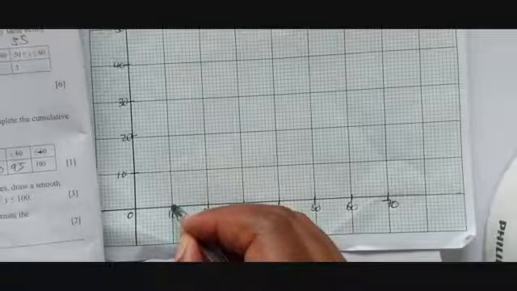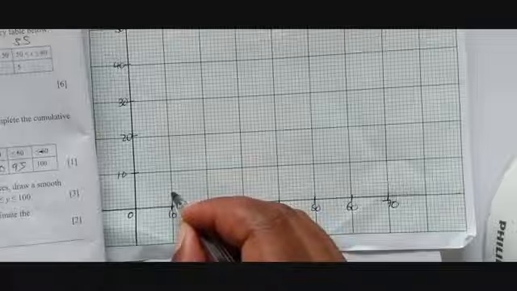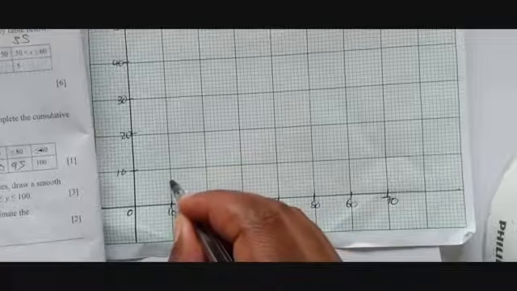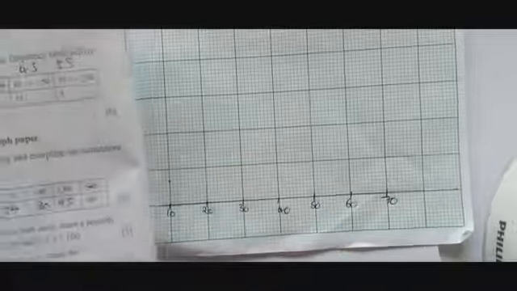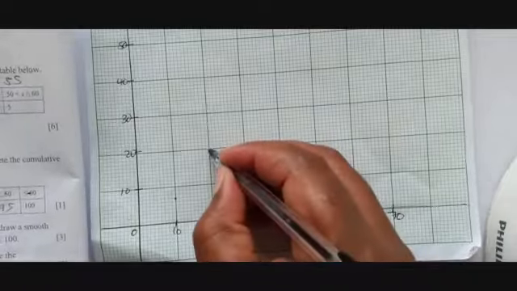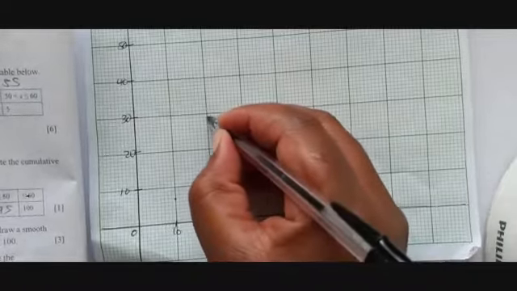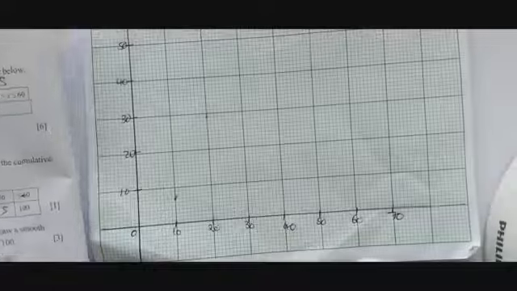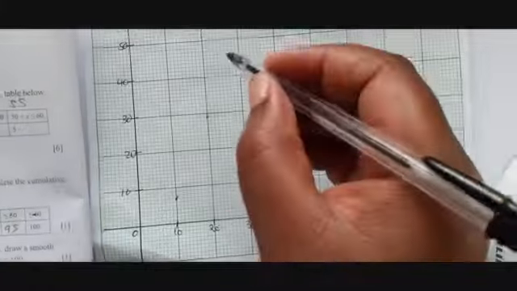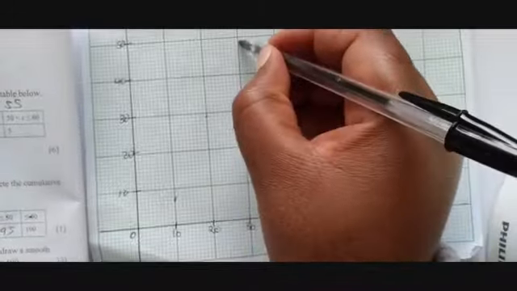Okay, so we have (10,7). So from here you say 1, 2, 3, 4, 5, 6, 7 here. The next one is (20,29). This is 20. 29 is here. The next one is (30,57). (30,57) here.